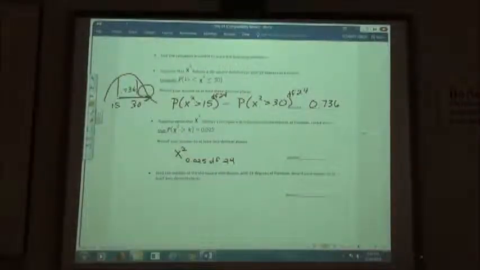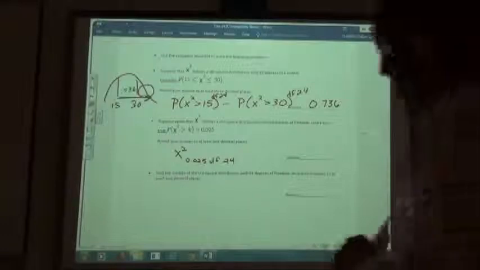Punch that in again. Okay, I use this one. Yep, you use that one. 0.025, degree of freedom 24, equals 39.36. That's what I got. Did you get 39.36? Yep.